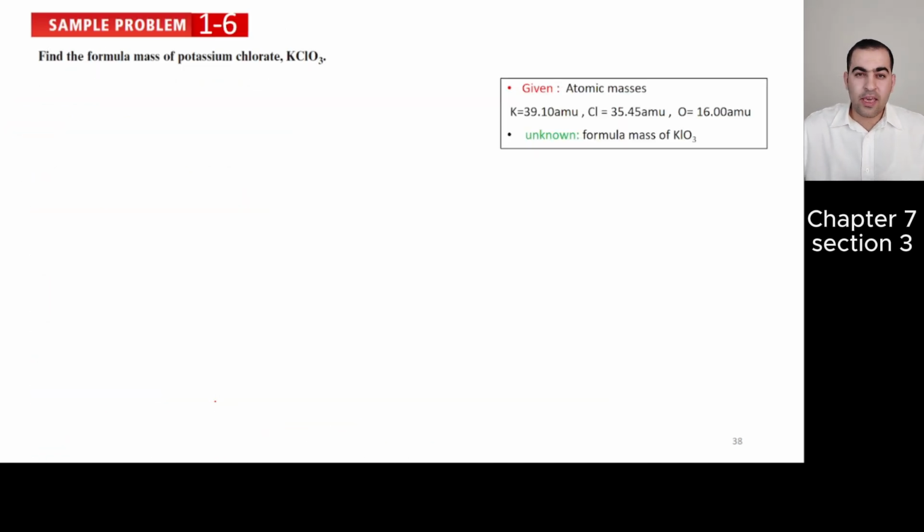Another example, KClO3. In the exam, I will give you the atomic masses. Find the formula mass of potassium chlorate, KClO3.